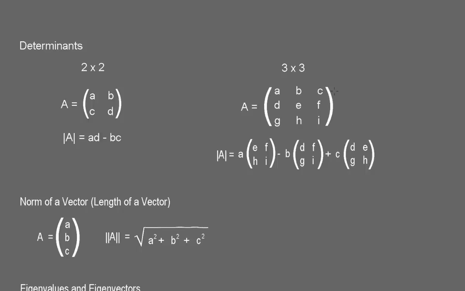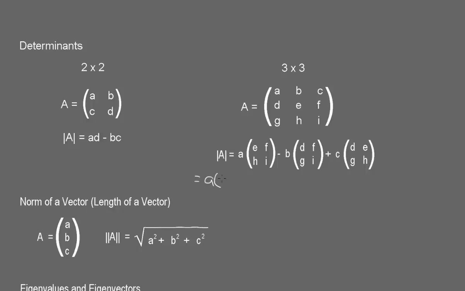Now to get the determinant of a 3 by 3 matrix, we have to do one step further. What we do is we break the matrix into three smaller calculations. So we take positive a times the determinant of this matrix here, minus b times the determinant of d g and f i, plus c times the determinant of this matrix here.